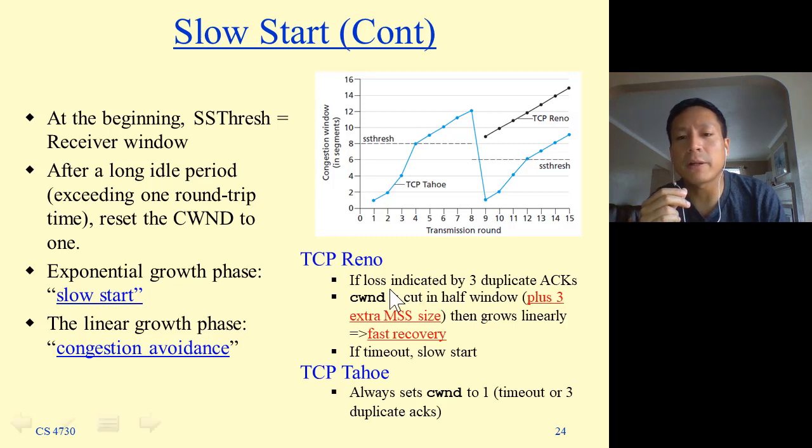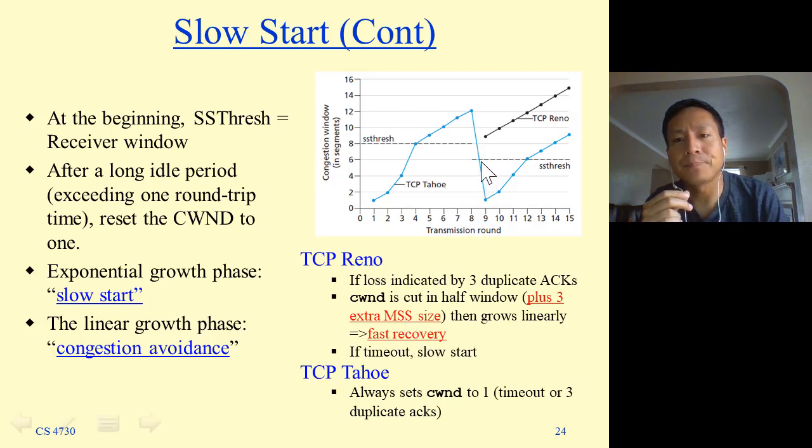All right, but sometimes the loss may not necessarily be detected by timeout. In that case, the loss can be detected by triple duplicate ACK or timeout, right? You identify the loss. So if it is a triple duplicate ACK, then for TCP Reno, instead of going back down directly to 1, you cut the congestion window by half, and you add 3 additional MSS.